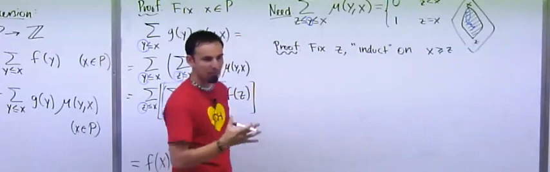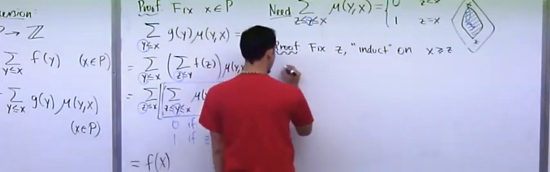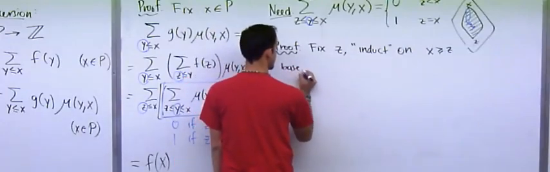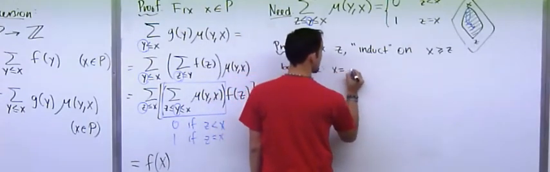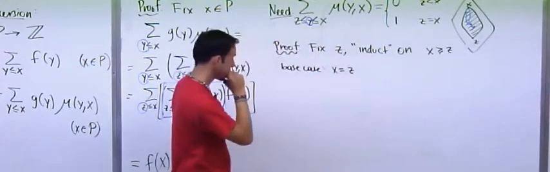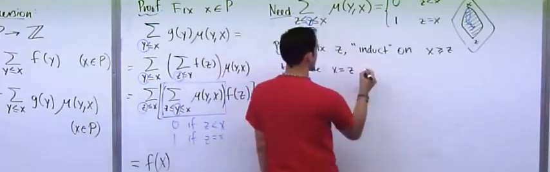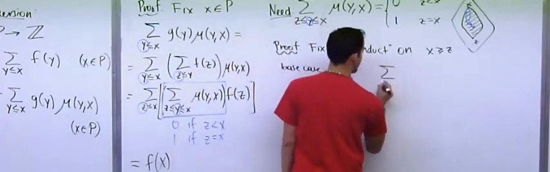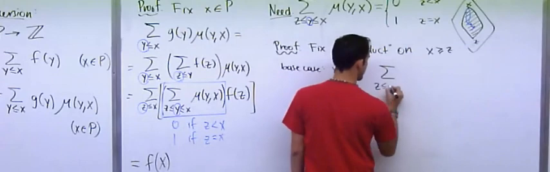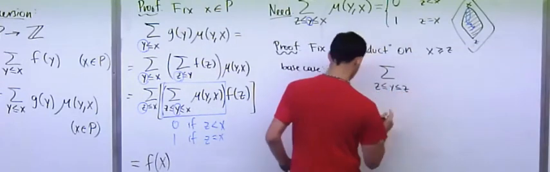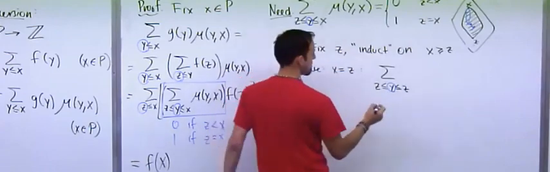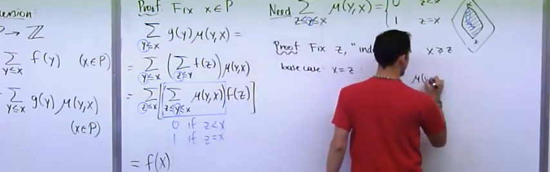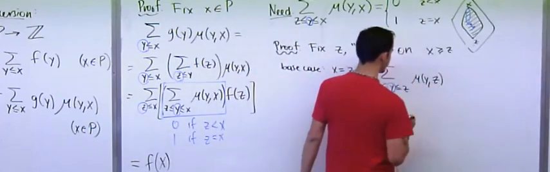This is how you do this kind of poset induction. So the base case is the first one, which is x is equal to z. So I need to just compute the summation for z less than or equal to y less than or equal to z, where y is the variable that I'm summing over, of mu of y comma z.